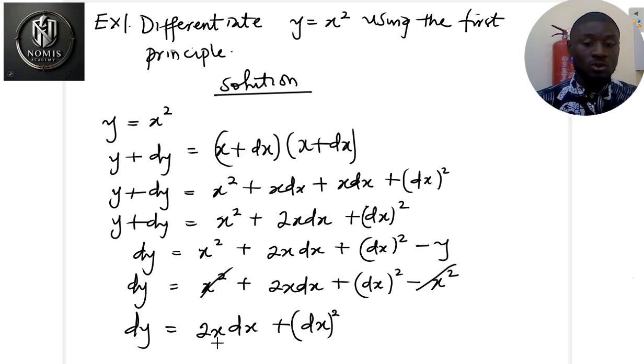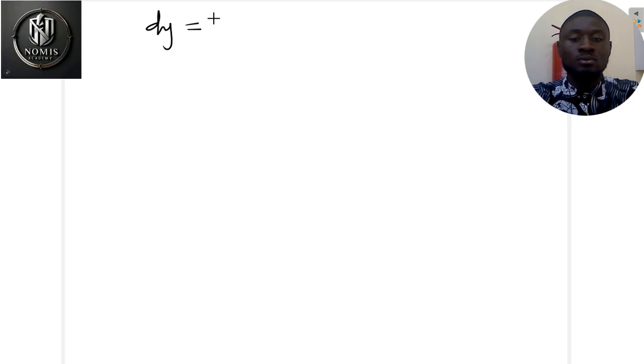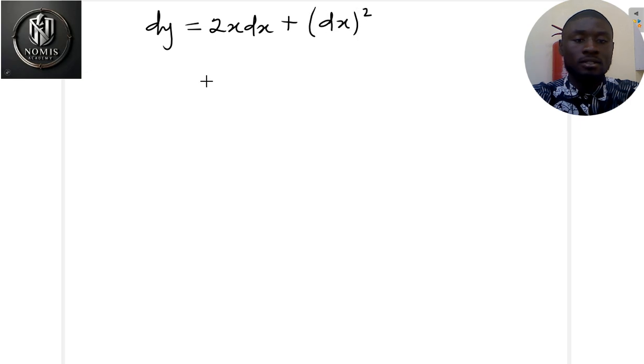I will need to factorize δx out of these values that I have at the right hand side. So let's take it to another page. δy is equal to 2xδx plus (δx) all squared. So if I factorize δx out of it, so we have δx multiplying, what do I have here?